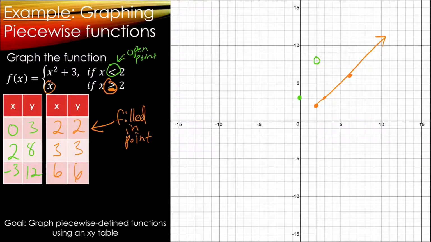This one can be filled in. This is good. All these other ones. And then negative 3, 12. It's my other point. Remember, this is a quadratic function right here. I have to recognize that. So what this is going to do is it's going to come down and then come back up. There's my piecewise defined function.